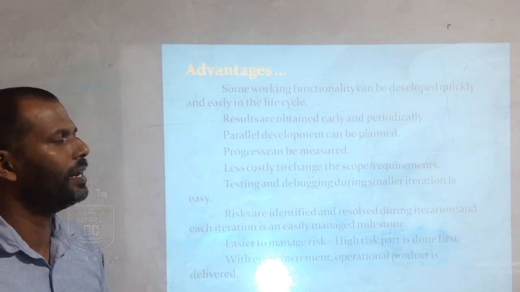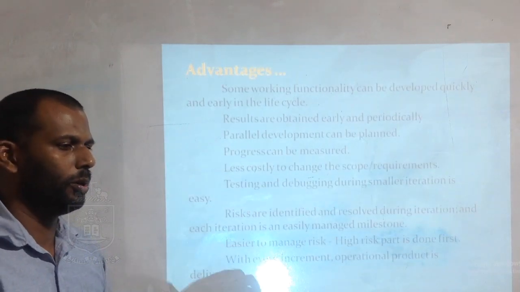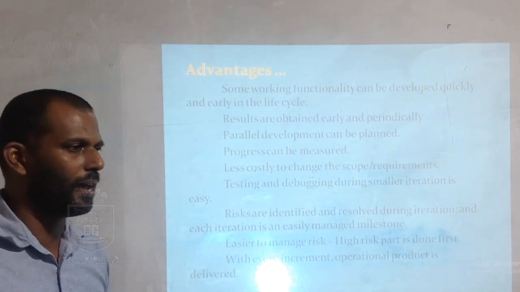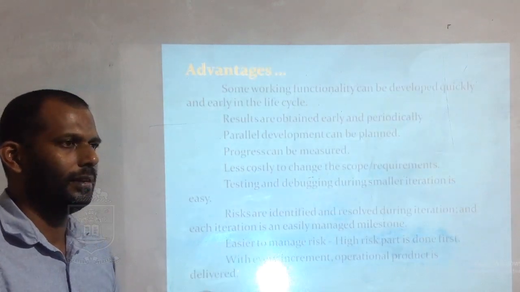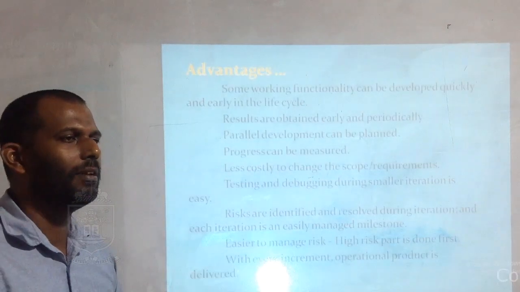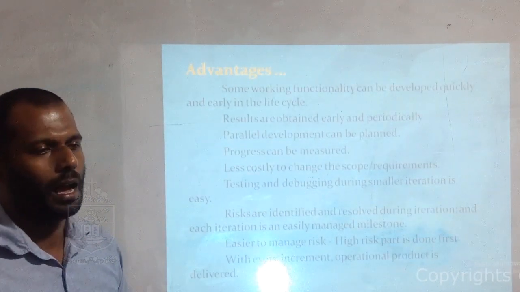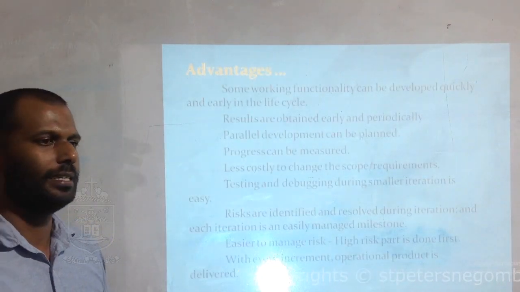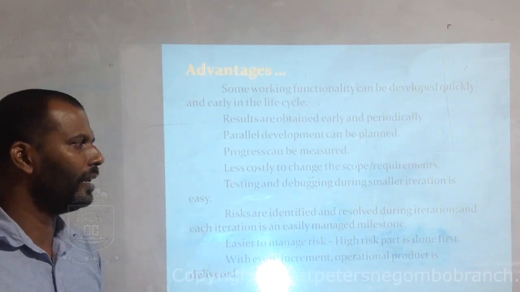Parallel development can be done. I told you many cycles can be developed at the same time. That means one team may be developing the membership, another group the borrowing, and another team the submitting.